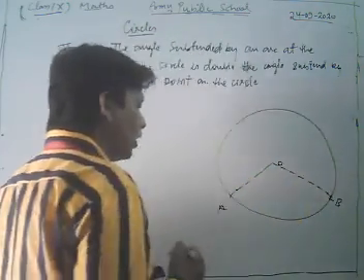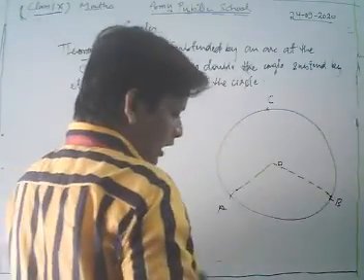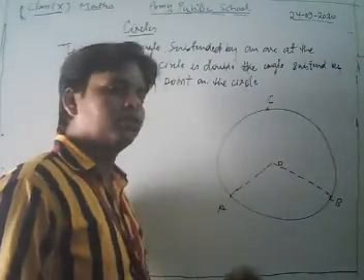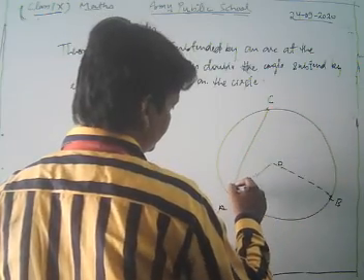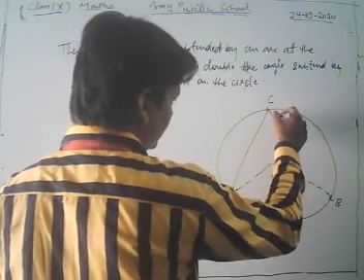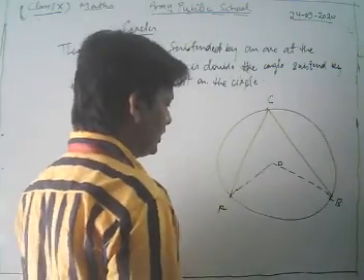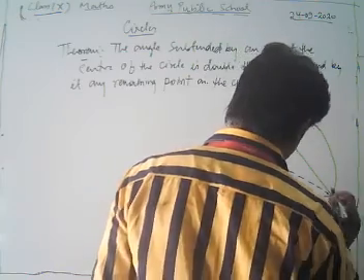Now we take C as any remaining point on the circle, and we join AC and BC.